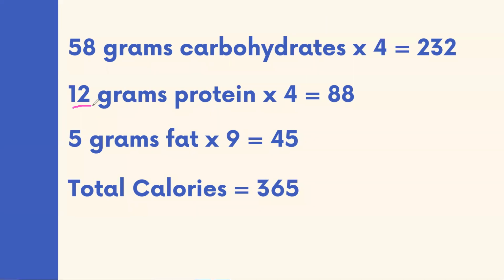And 12 grams of protein times 4 is equal to 48. Then 5 grams of fat times 9 equals 45. So that has a total of 365 calories.